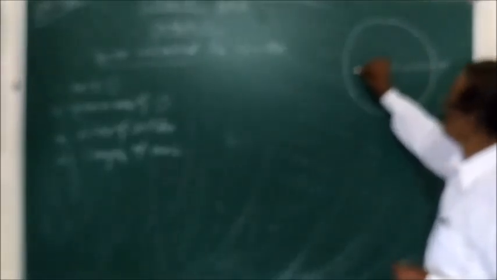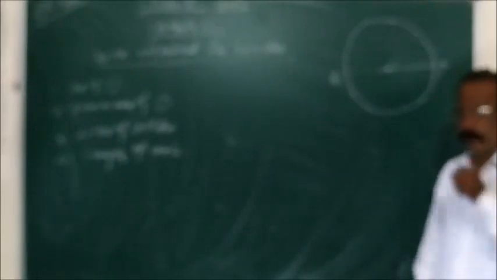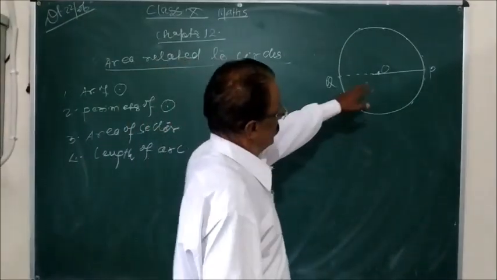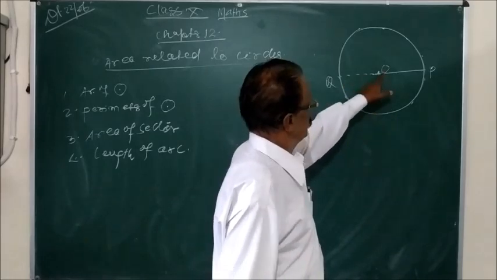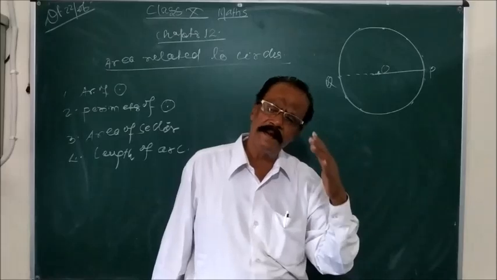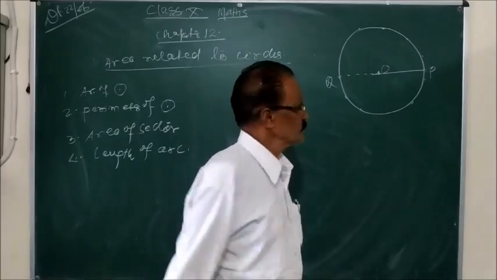And now if you draw this PQ, a line segment which passes through the center, that is called the diameter. The relationship between the radius and the diameter: radius is half of the diameter, or diameter is double the radius. So this is the diameter, and OP is the radius, or OQ is the radius, and all the radii of a circle are equal.